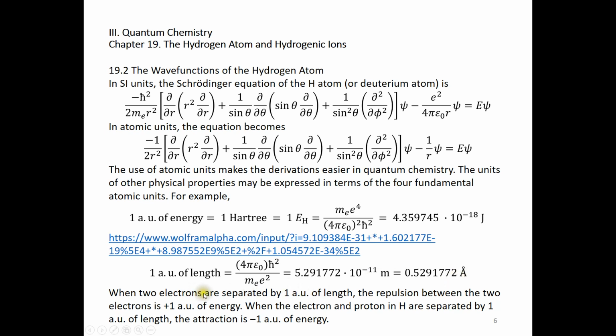Now, when two electrons are separated by one atomic unit of length, the repulsion between the two electrons is plus 1 atomic unit of energy. If one electron and one proton are separated by one atomic unit of length, the attraction is negative 1 atomic unit of energy.